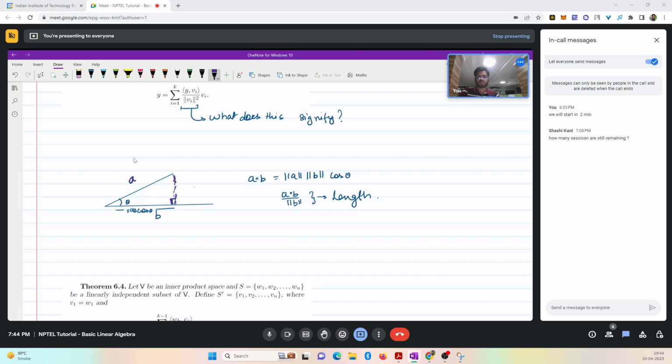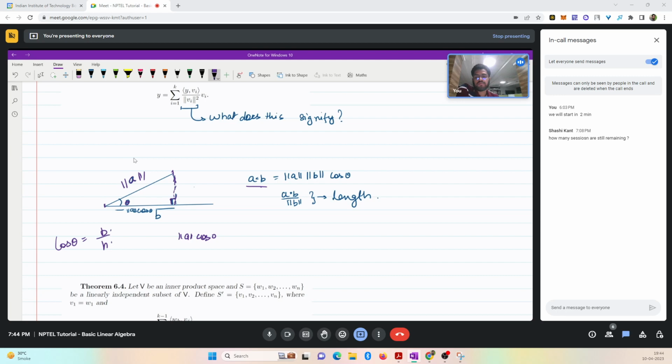Let's go by the dot product. If this angle is theta, and the length of this vector is norm A, then this thing is given by A cos theta, right? Cos theta is base upon hypotenuse.